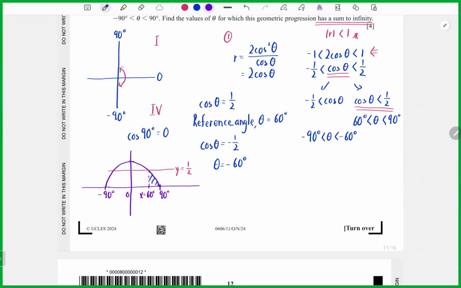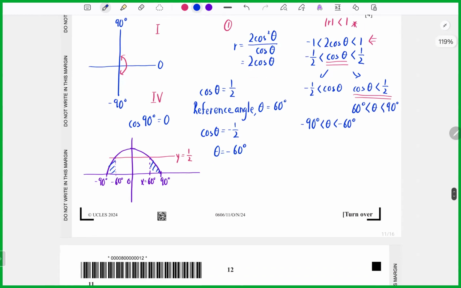Oh, it is correct. So you can find out, you have two answers here. Theta between 16 until 19 degrees, or between negative 19 until negative 16 degrees.